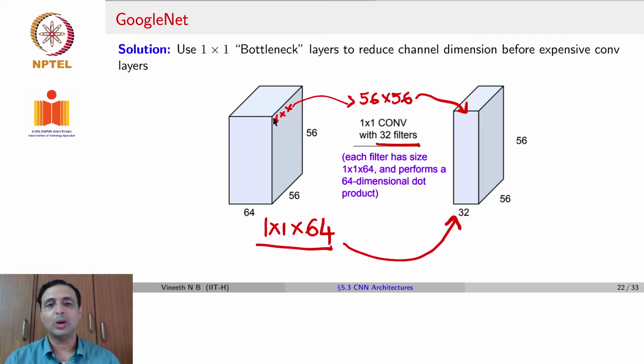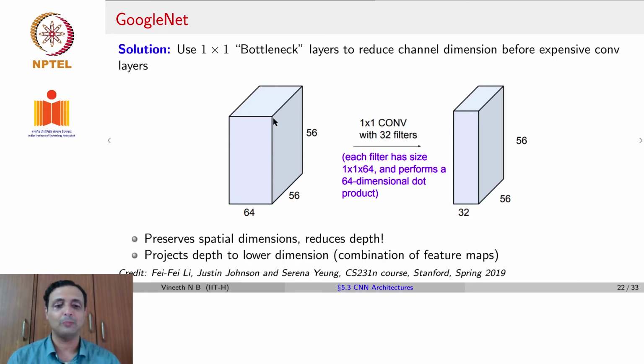So by doing the 1x1 convolution, a 56x56x64 volume became a 56x56x32 volume. And you can imagine now that instead of 32 filters, you could have just chosen 3 filters, 4 filters, so on and so forth. So the depth could have been arbitrarily reduced by using this trick of doing 1x1 convolution. And that's what the GoogleNet designers did in the Inception module.